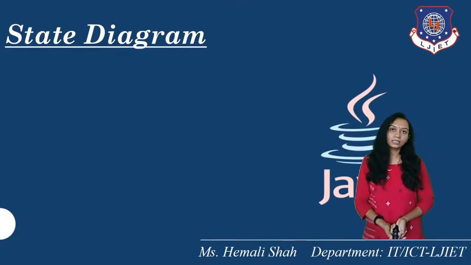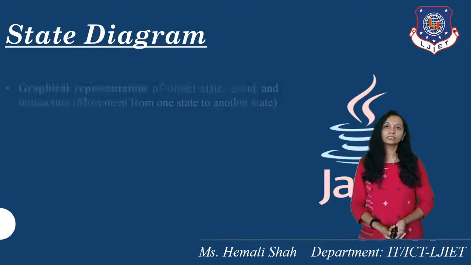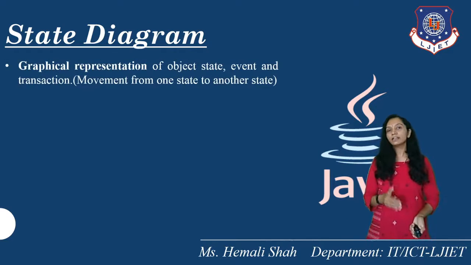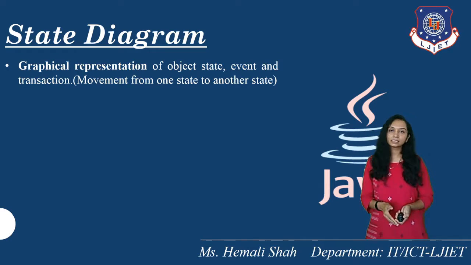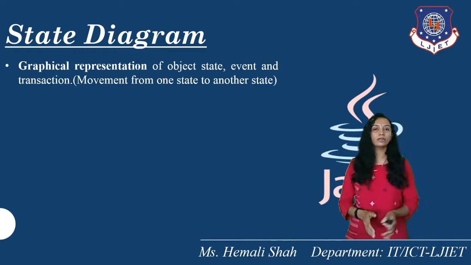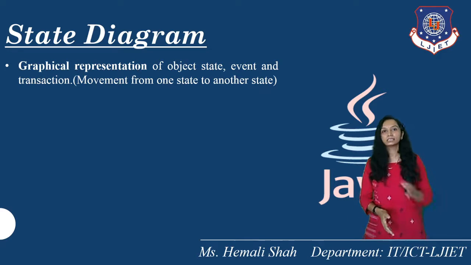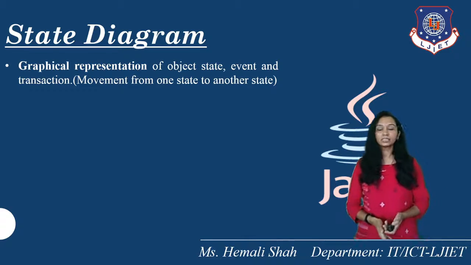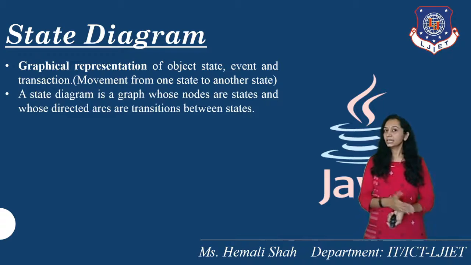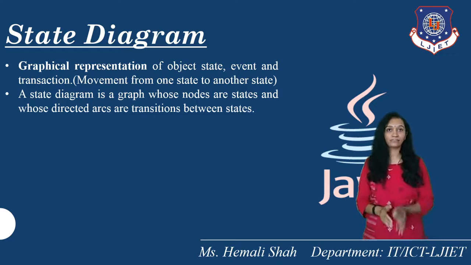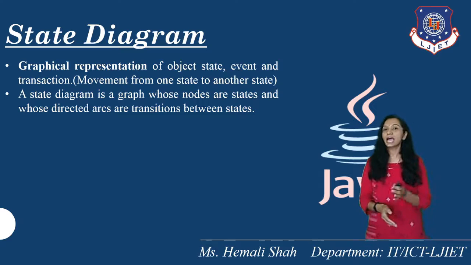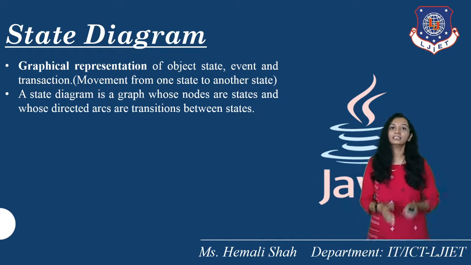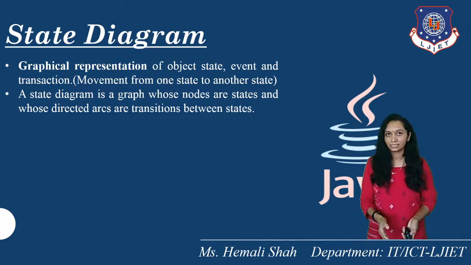So what is a state diagram? A state diagram is basically a graphical representation of object states, events, and the transitions, or we can say the movements from one state to another. A state diagram is basically a graph whose nodes are the states and whose directed arcs are the transitions between the states.